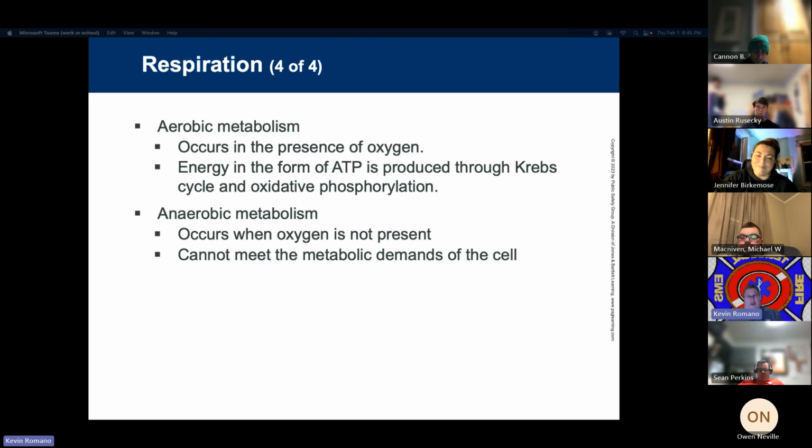The mitochondria of the cell converts glucose into energy, using a process known as aerobic metabolism. Energy in the form of ATP, which is adenosine triphosphate, is produced through the Krebs cycle and oxidative phosphorylation.